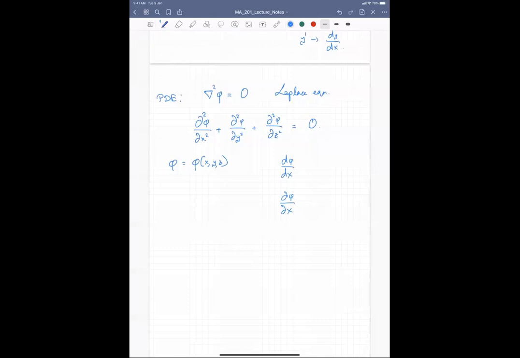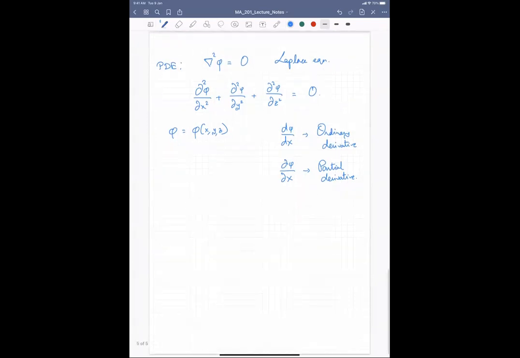Usually people have a bad habit of calling this dou. Please don't do that. This is still d phi dx, just a slightly different symbol. This is a partial derivative. Partial because it also depends on other things which we are suppressing for the moment, and we only want to extract how it depends on one particular variable, which we will call x in this example.